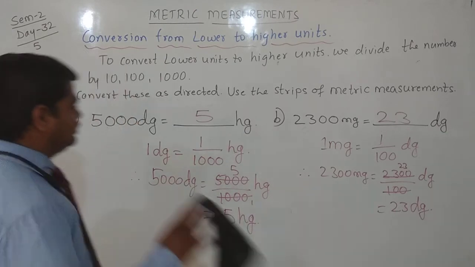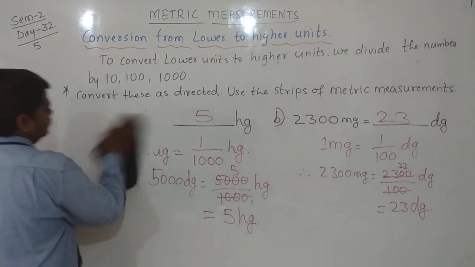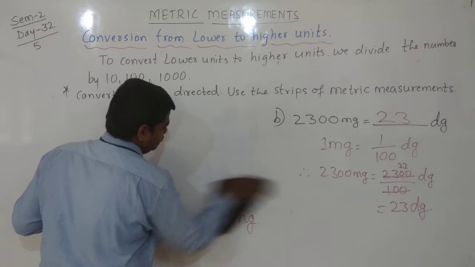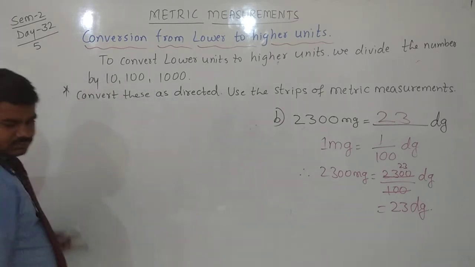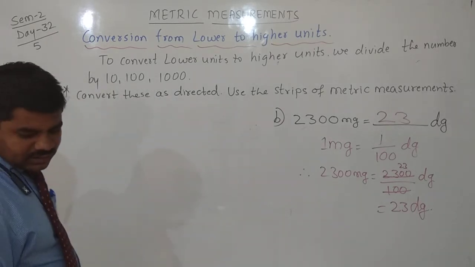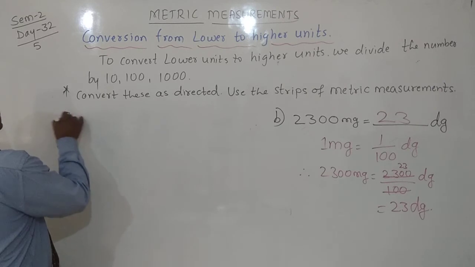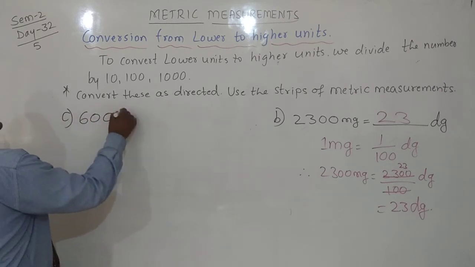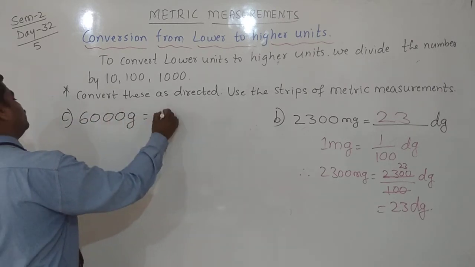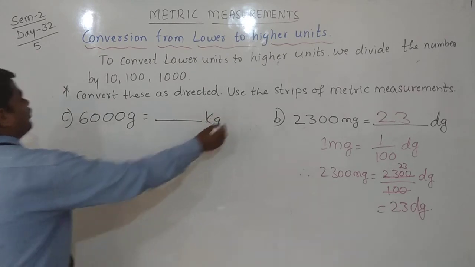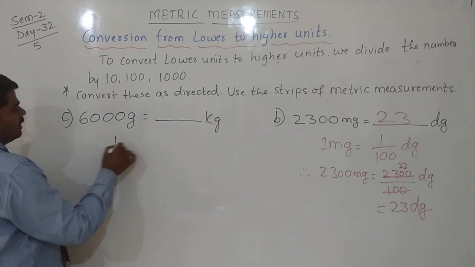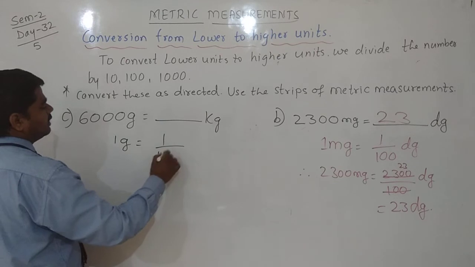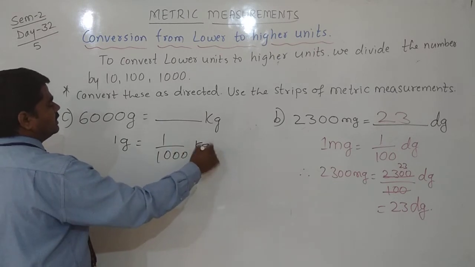Next, 6,000 grams to kg. Very simple. 1 gram is equals to 1 by 1000 kg.